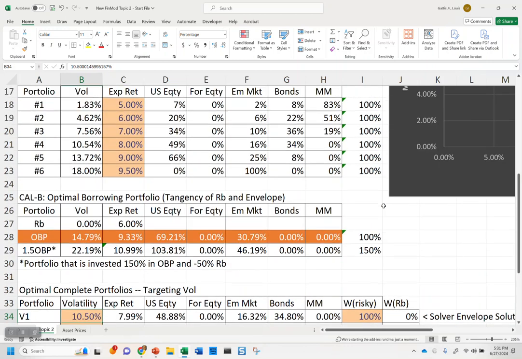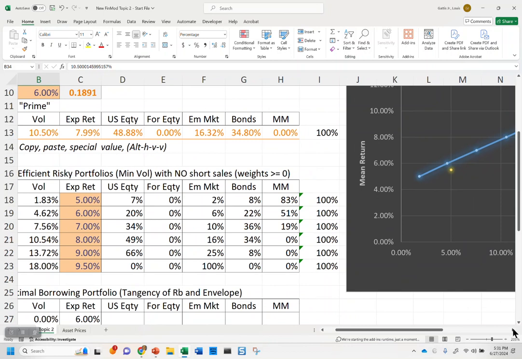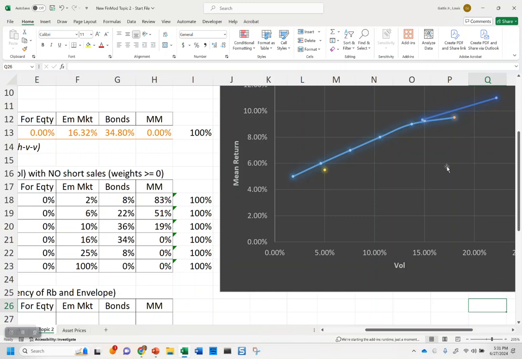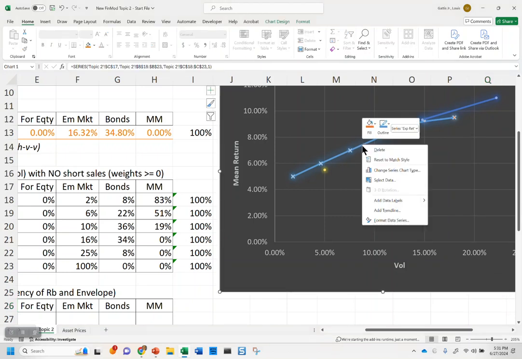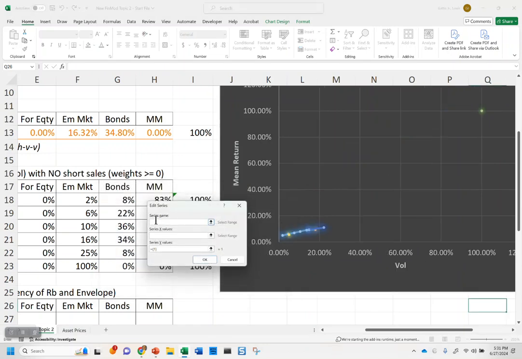And if we want to add that to the graph, we can come over here. Let's do a right click on the data. Select data. We're going to add, we'll call this V1. And I can just add another name, 10.5 vol.